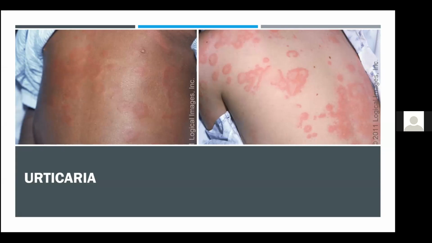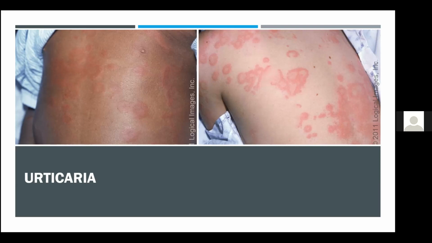Common causes of new onset urticaria actually include infections, and it's an immune-mediated response to the infection that results in the rash. It can also be an allergic reaction, a type 1 IgE reaction to medications or foods or insect stings and bites. But infections are actually associated with over 80% of cases of acute urticaria.